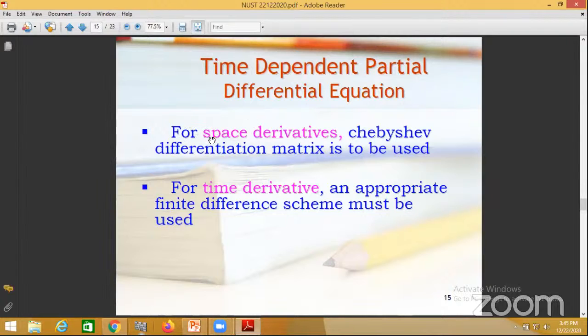For the space derivative, the Chebyshev differentiation matrix Dn will be used, and for the time derivative, an appropriate finite difference scheme must be utilized. Or one can even solve the problem by the shooting method at time steps. In this way, by using space derivatives and time derivatives, one can achieve the solution of all boundary value problems having a time derivative as well.